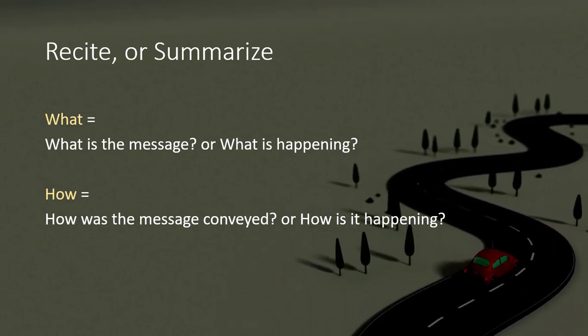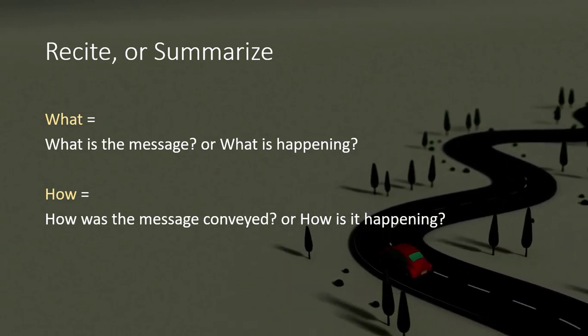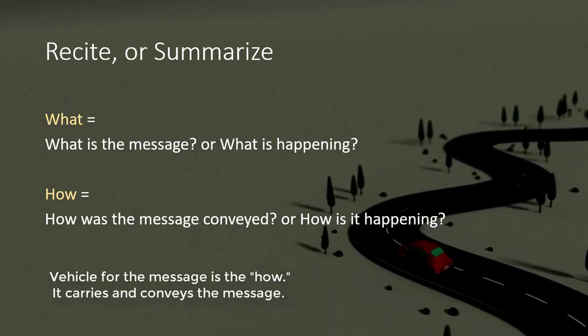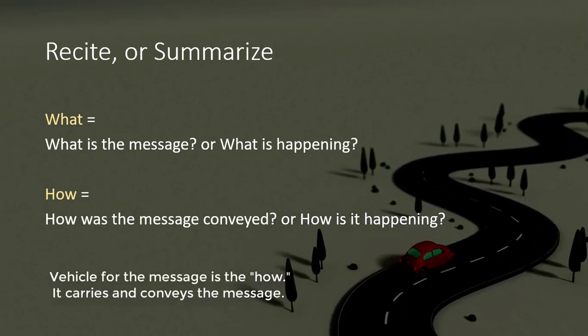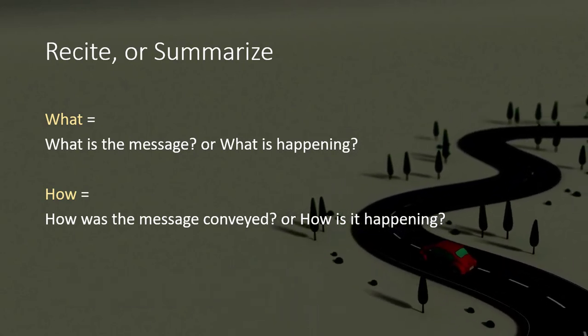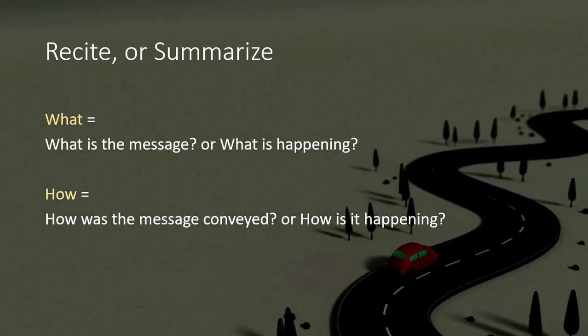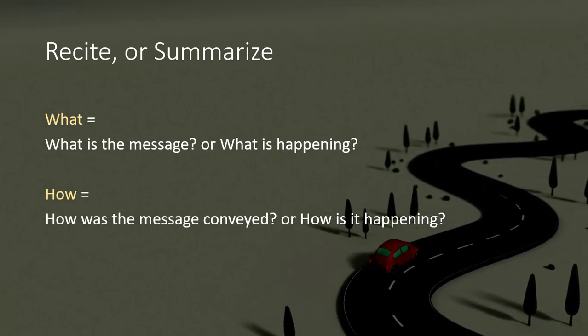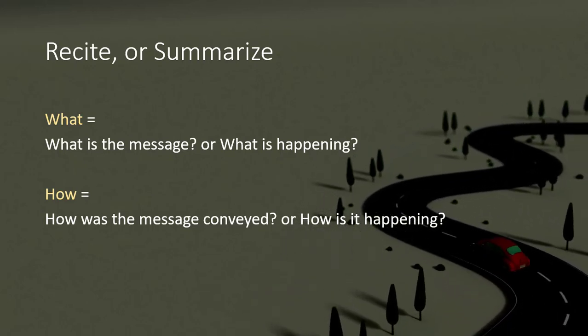Here, the logical fallacies are the vehicles for the ideas. They are the how for how the ideas are conveyed. A summary of that commercial would tell us what the message is, as well as identify the logical fallacies that convey that message.